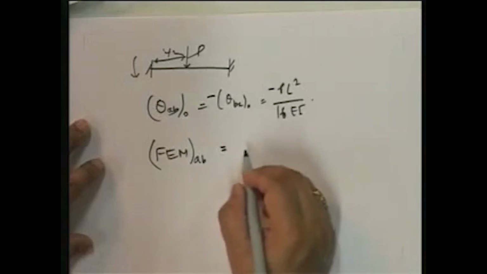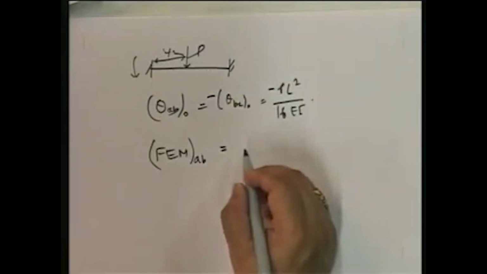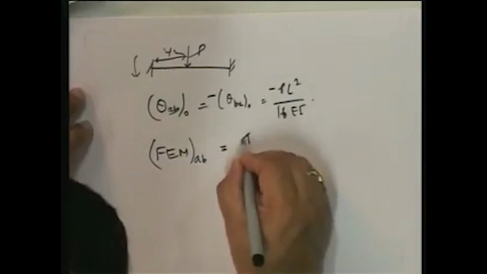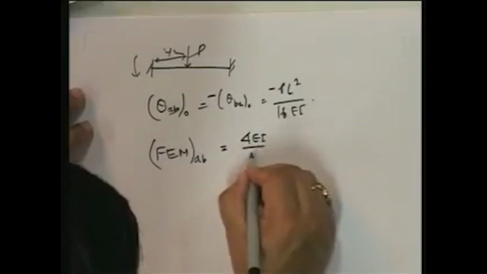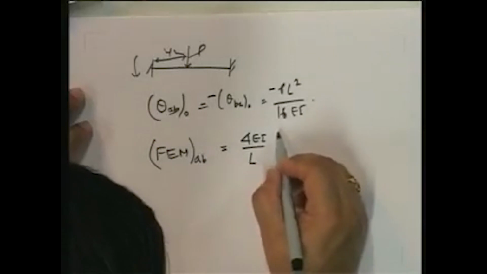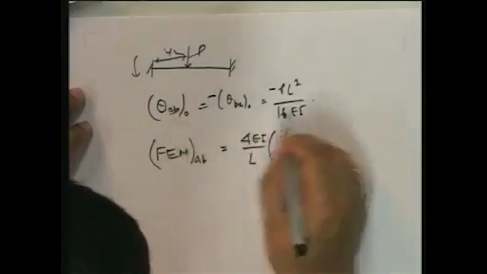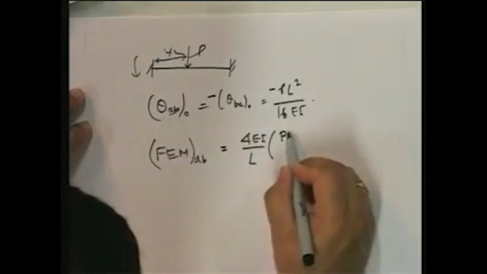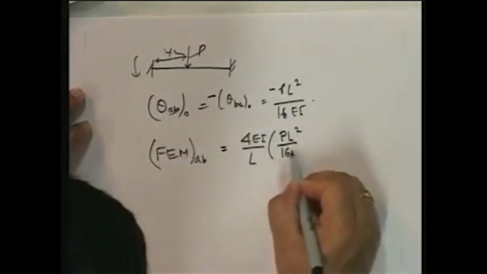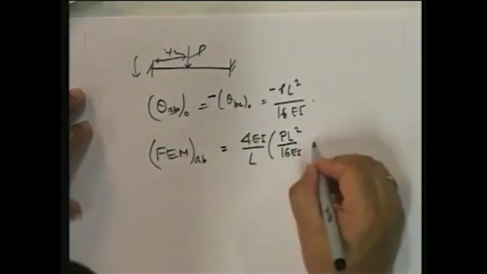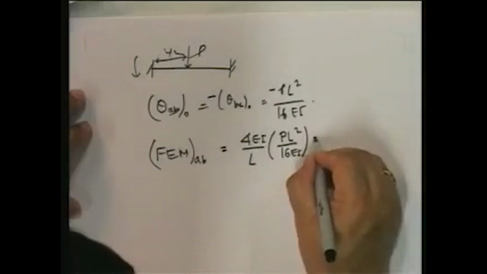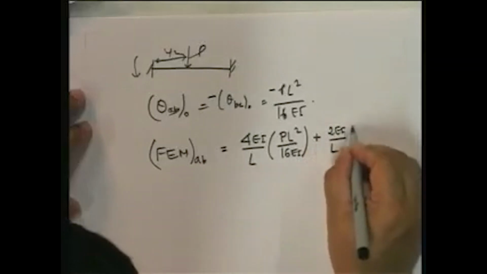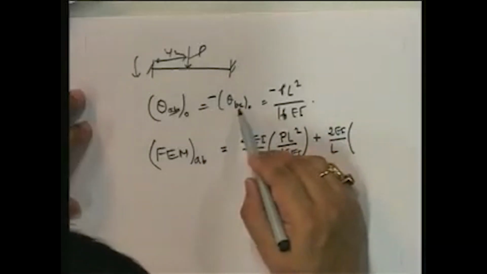So I'm going to plug in the values into the fixed end moment, so I'll have 4 EI upon L. That's the slope deflection equations. Negative of theta AB0, since theta AB0 is minus, it's going to be plus. So plus, okay, then plus 2 EI upon L. What is negative of theta BA0?